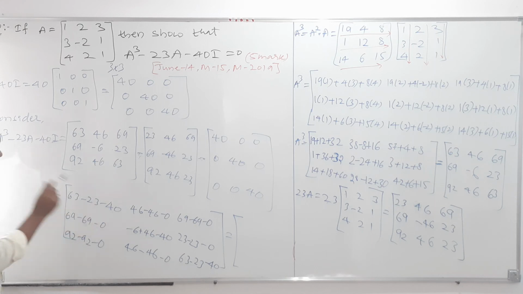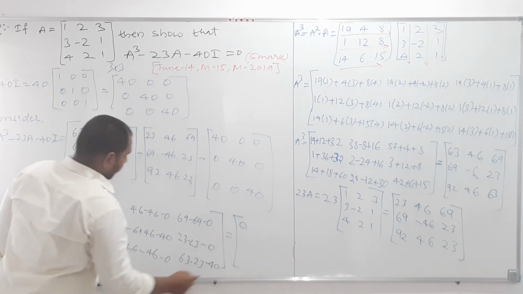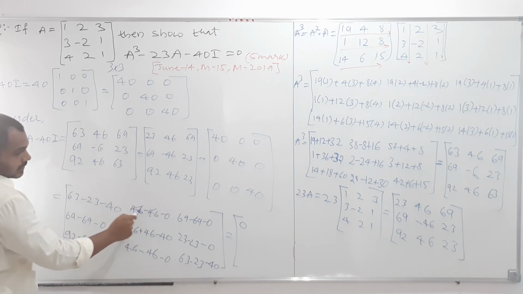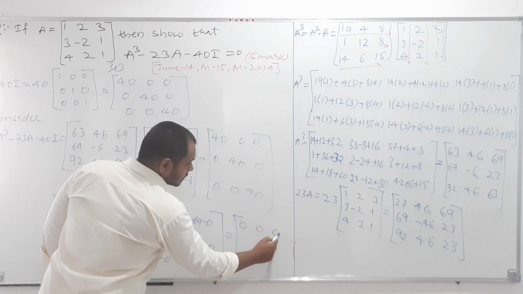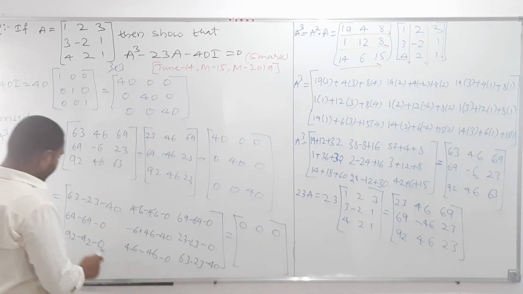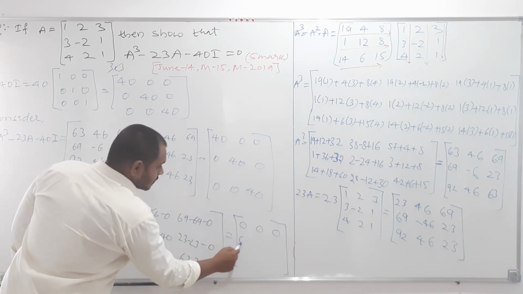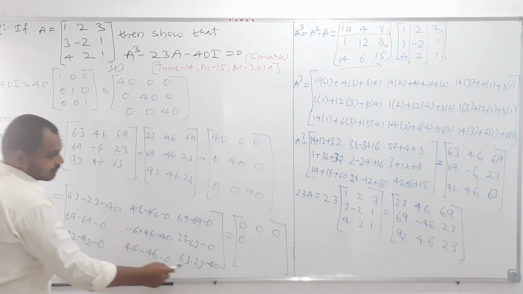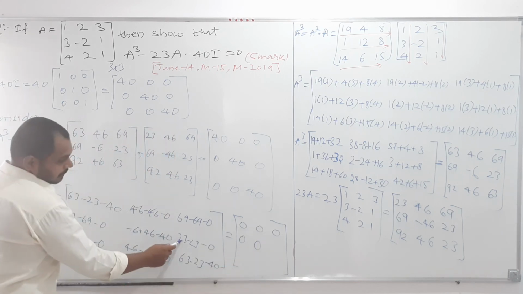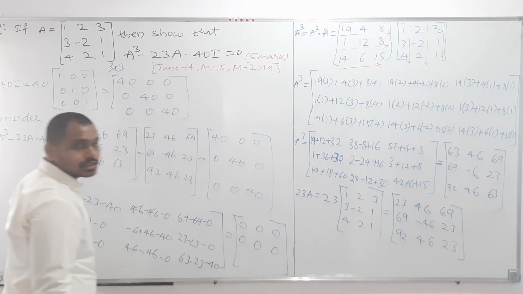So here it is, minus 63 plus 63 is 0. Next, minus 46 plus 46 is 0. 69 minus 69 is 0. And next, my dear students, 69 minus 69 is 0. Minus 40 minus 6 plus 46 is 0. Plus 23 minus 23 is 0.